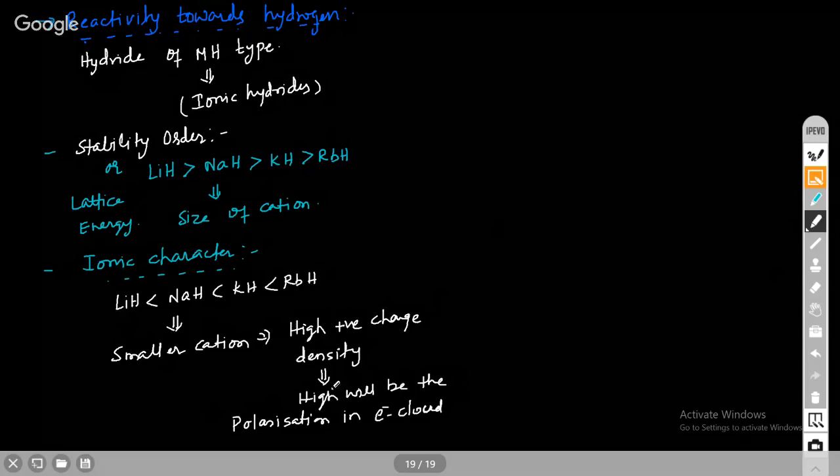Polarization leads to covalent character. Fajan's rule it is. Higher polarization, higher will be the covalent character. So a smaller cation is more covalent than ionic. That's why the ionic character order will be this, and reverse of this will be the covalent nature.